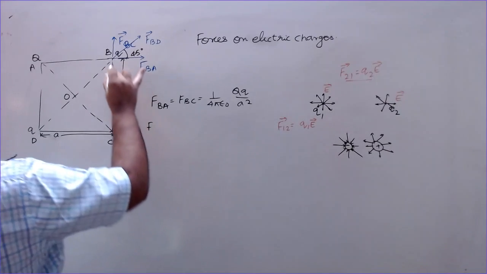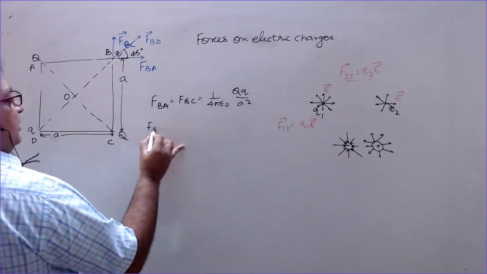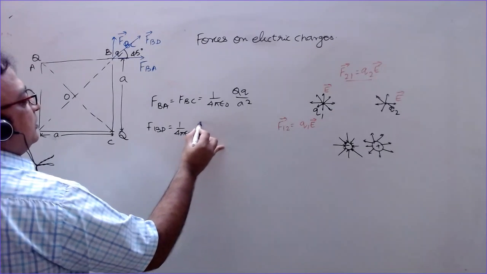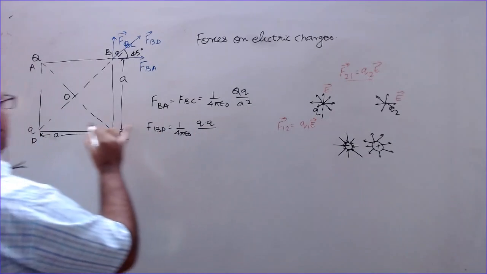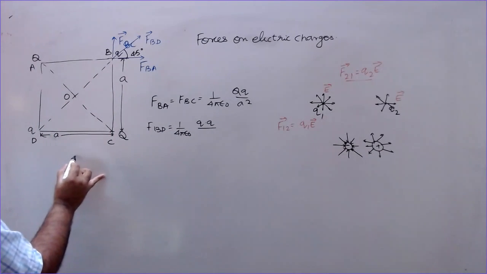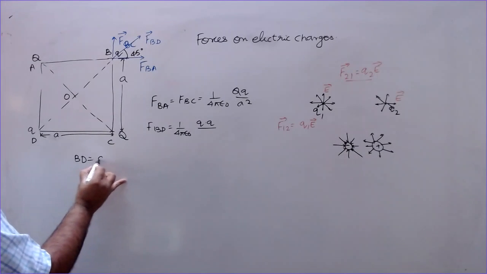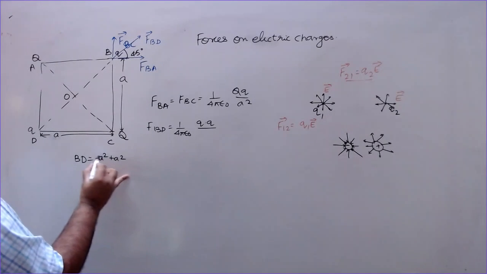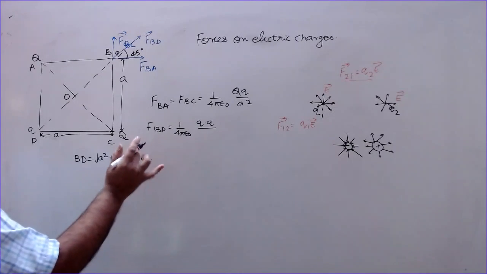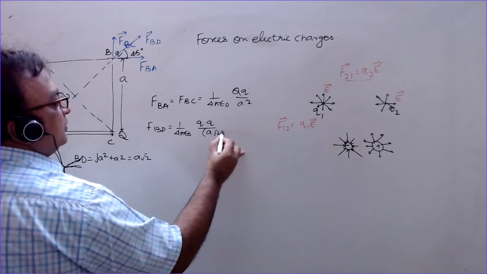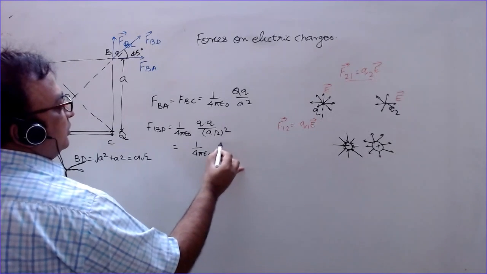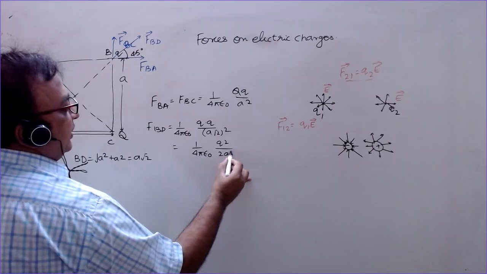FBD is equal to 1 upon 4 pi epsilon 0 Q into q divided by a, so this distance is a root 2, equal to 1 upon 4 pi epsilon 0 q square by 2a square.